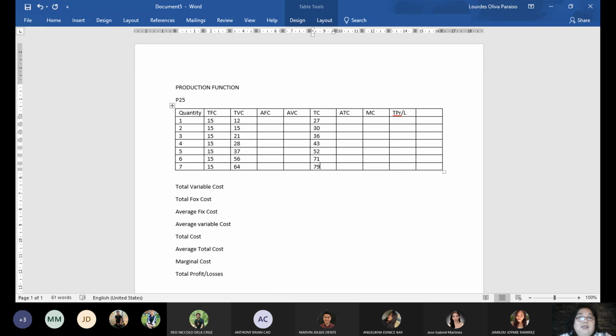Ngayon, tanong, do you think Emily enjoys doing the business? Yes or no? Sa palagay niyo ba si Emily, medyo natutuwa siyang i-continue yung paggawa niya ng bakya?